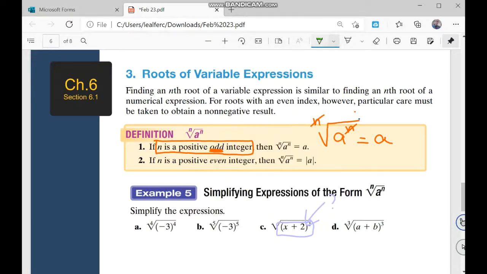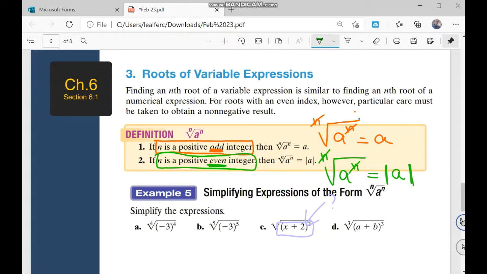Now let's say n is a positive even. If n is even, what are you going to do? nth root of a to the n. You can cancel out, but you have to make sure that the result is a non-negative number. So you cannot have a negative number here.